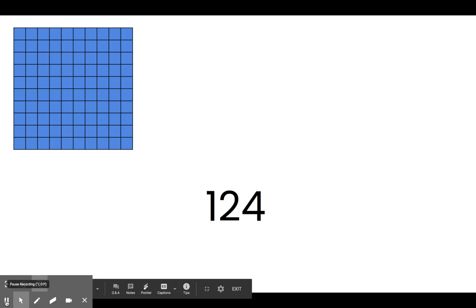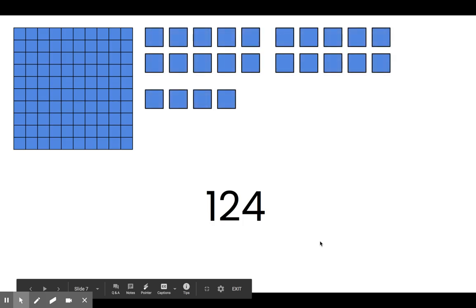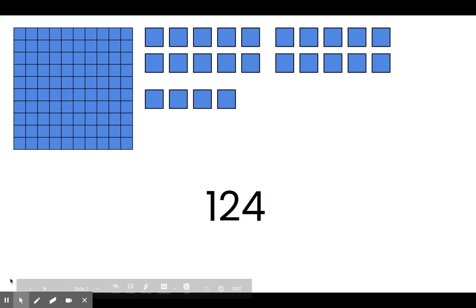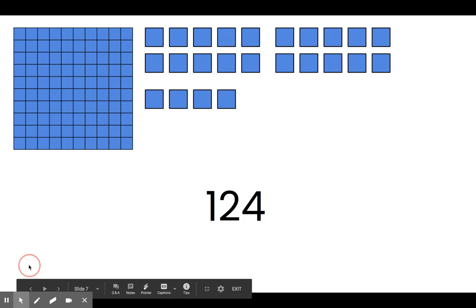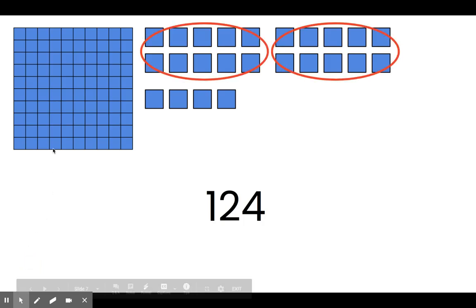Here's 100. I want you to count to 124. Think, what's the fastest, most efficient way we could go from 100 to 124? Is it to count just by ones and to use only ones place value cubes? Or do you think there's a faster way we could do it? What do you think? Well, I see here that we have 2 groups of 10.